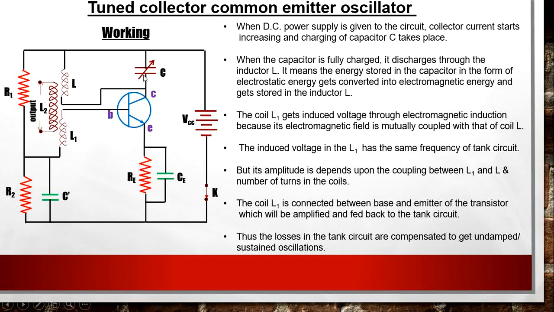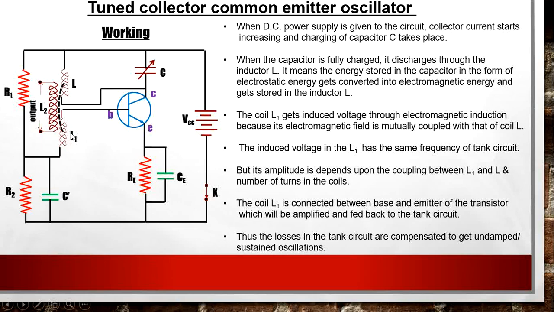It means the energy stored in the capacitor C in the form of electrostatic energy gets converted into electromagnetic energy, and that is stored in the inductor L. Now we know that the coil L1 is coupled with coil L in such a way that a mutual induced EMF will be generated across coil L1.